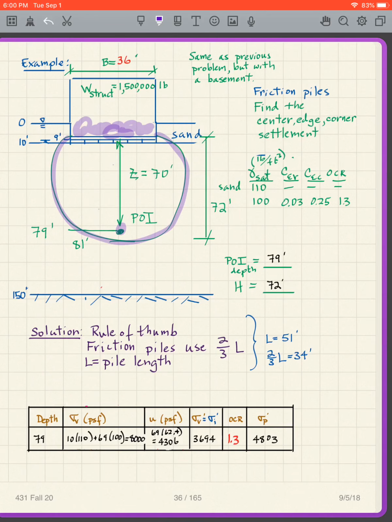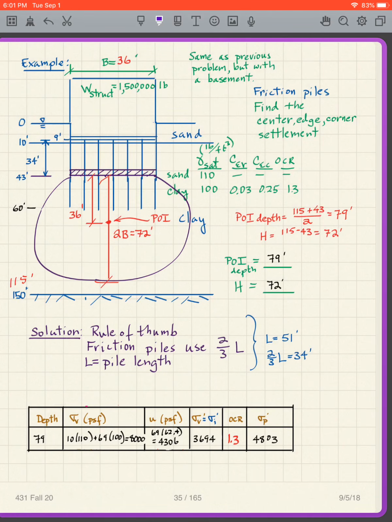In other words, because my point of interest is way deep, right? It's way deep at the bottom of the pressure bulb in a sense. Each problem's a little bit different, but what has happened is that we have transferred our load using our piles. The effect of that is to transfer the load deep into the ground. Well, the basement is up near the top.